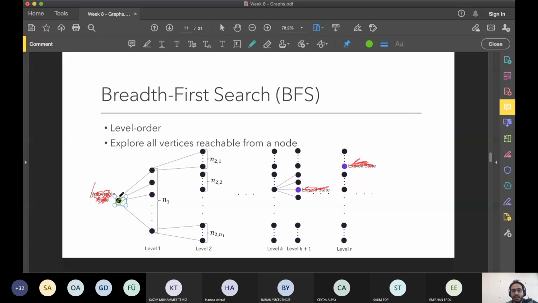What I need to do is simply visit all of these edges, right? All of these edges grab me a new state. In the level order search, I first finish all of these edges, the first level neighbors.